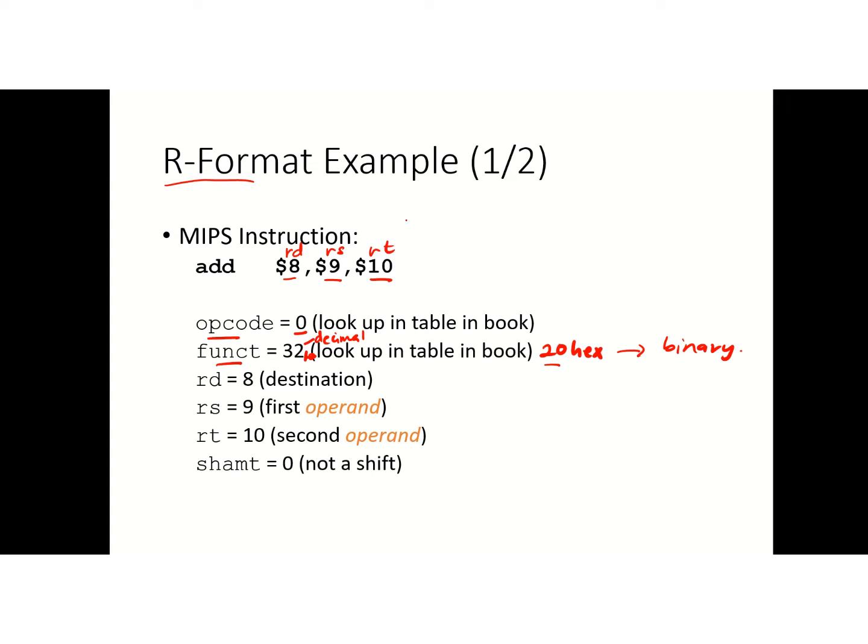Because when we do the command add register 8, register 9, register 10, it is equivalent to F equal to G plus H. So we can say this is H, this is G, this is F, which is register 8 is equal to register 9 plus register 10. So we can say 9 here is the RS. You will write it 9. 10 here is 10. And then 8 here is RD, 8.